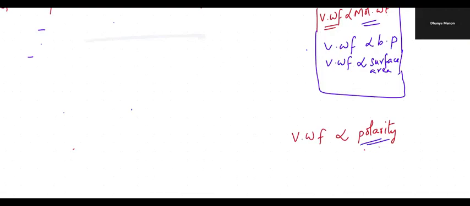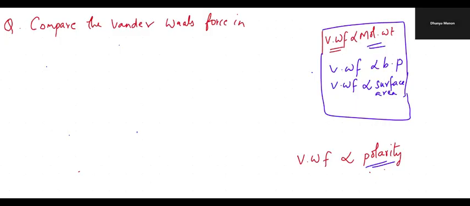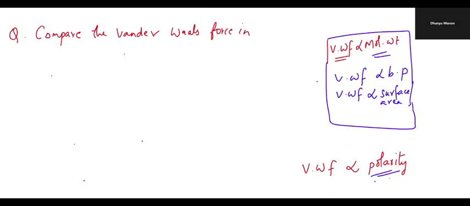So these informations I am keeping. Okay. Now compare the van der Waals force in the first one: chlorine molecule and bromine molecule. Both are non-polar. So the type of van der Waals force is London forces.